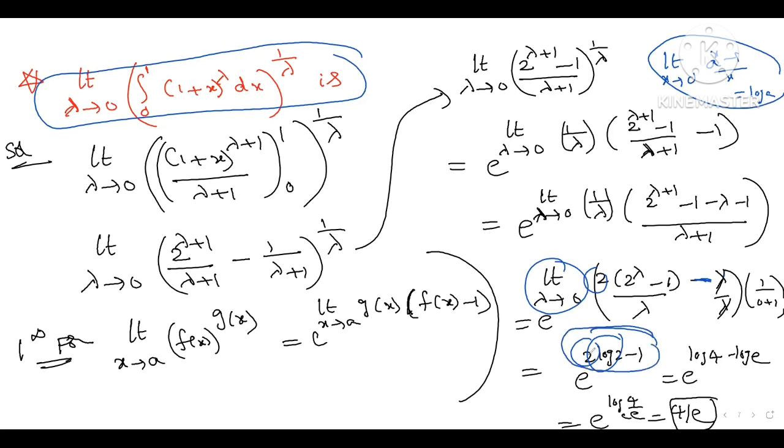E to the power 2 log 2 is log 4, minus 1 placed as log e. Log a minus log b gives log a by b, so e to the power log of 4 by e, base e. We have one more formula: a to the power log m base a is equal to m. So e to the power log 4 by e base e is nothing but 4 by e. The answer will be 4 by e.